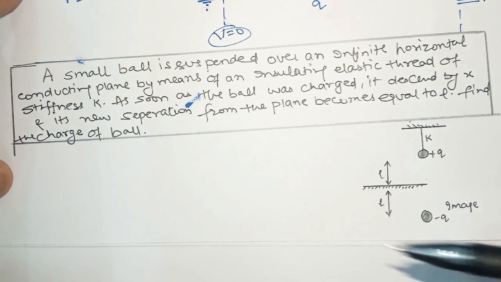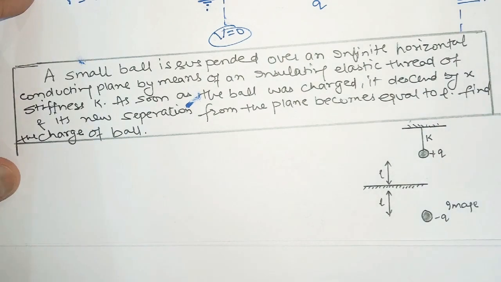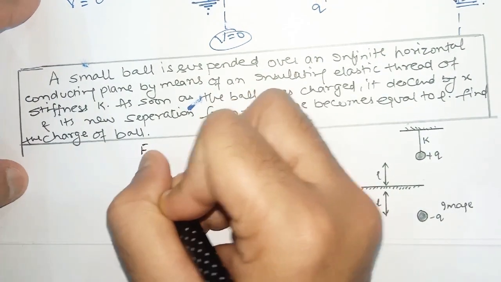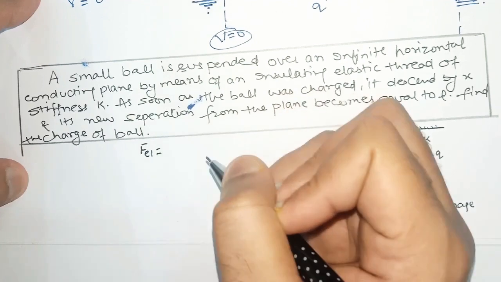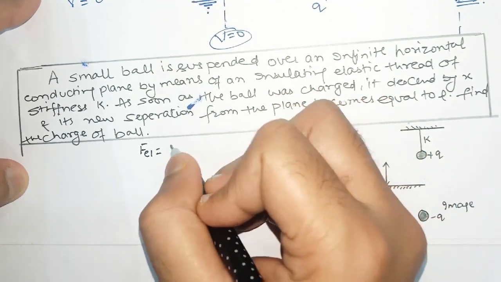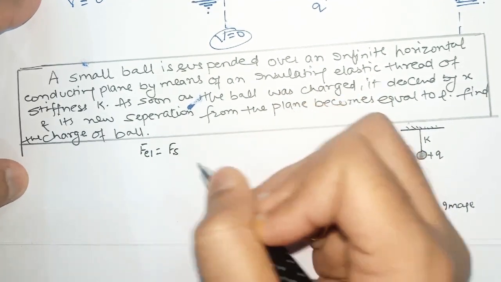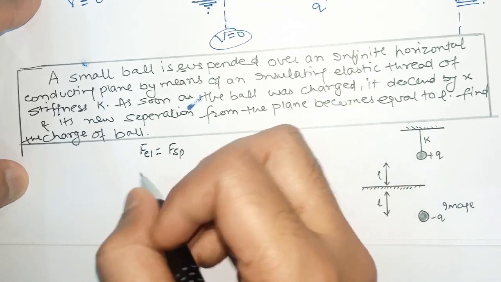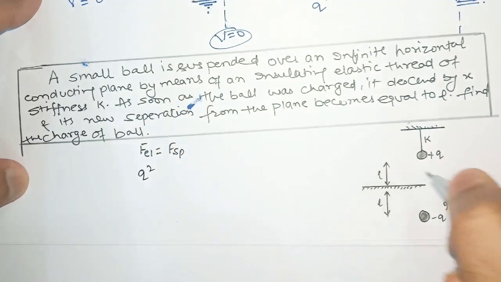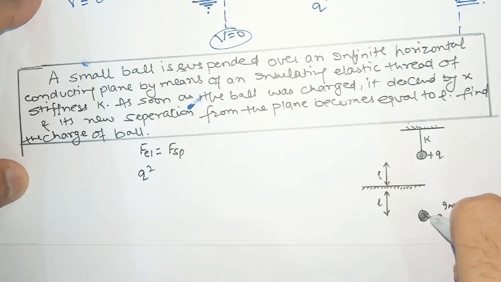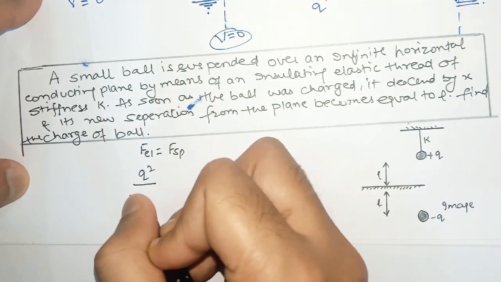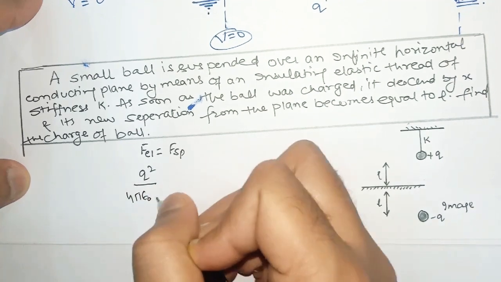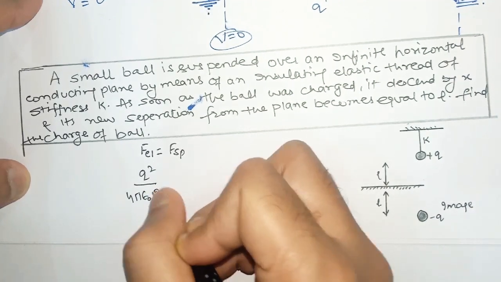Now let us solve this question. As we know, the electrostatic force must be equal to the spring force, which is kx. The electrostatic force is equal to k q1 q2 upon r square, that is 1 over 4 pi epsilon naught, q square upon 2L whole square.